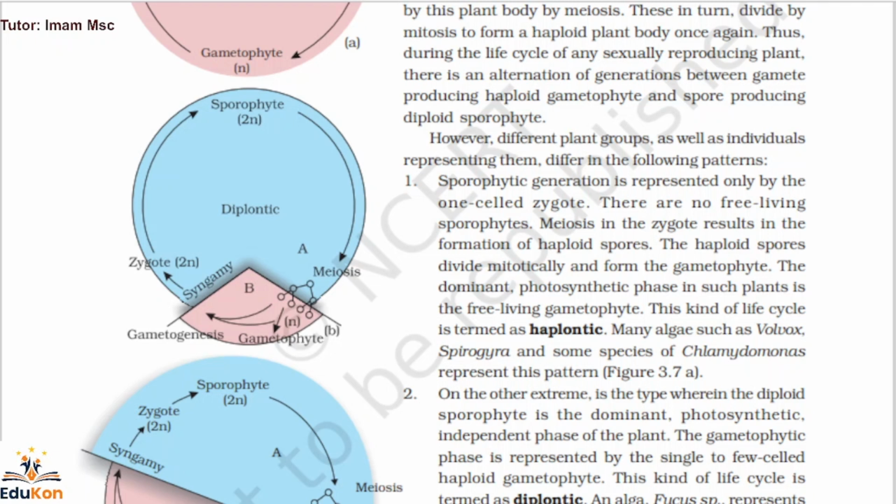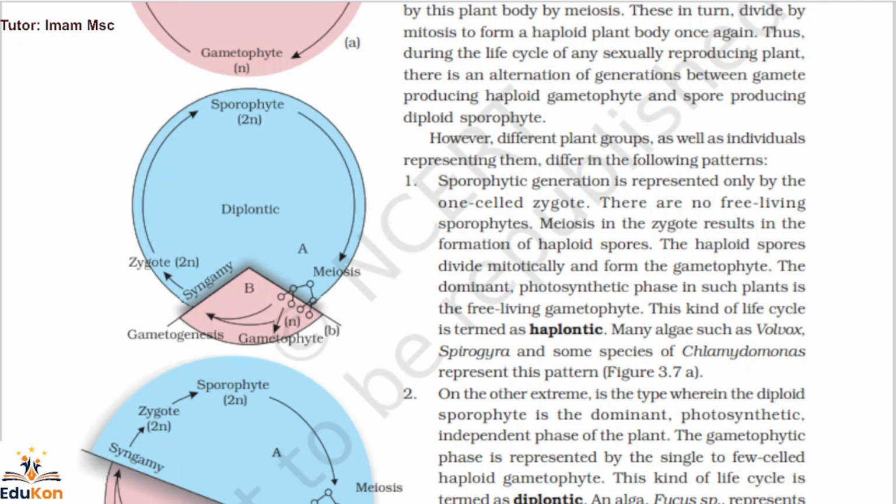All these three lines can come directly from the NCERT book, so we should not miss anything from this. Each line can come as an option. The haploid spores divide mitotically and form a gametophyte. So we need to remember all these 3 to 4 lines to answer such a question, like choose the correct option regarding the haplontic life cycle.